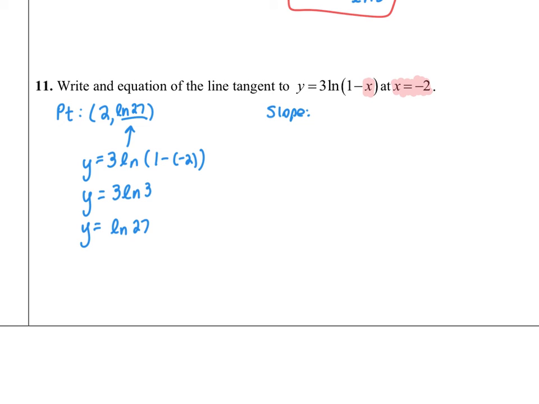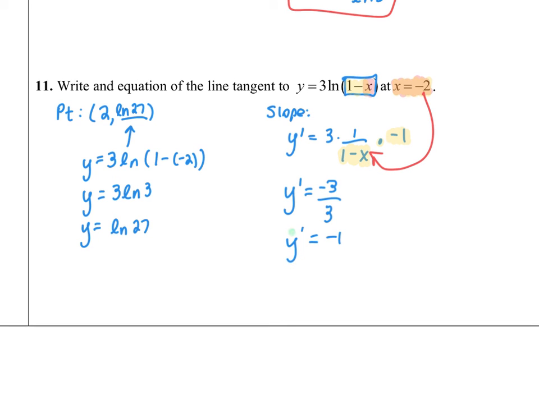And I know for my slope I need my derivative, so I'm going to find y prime. And this is a natural log derivative, so it is 1 over the argument times the derivative of the argument. That's 1 over 1 minus x times the derivative of 1 minus x, which is the -1. And I want that slope at an x value of -2, so I need to take my -2 and plug it in.